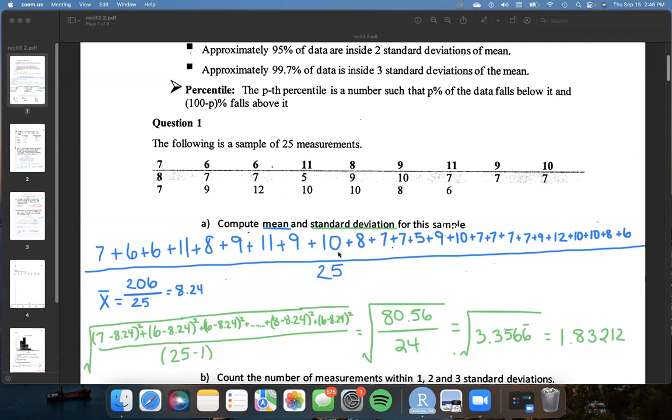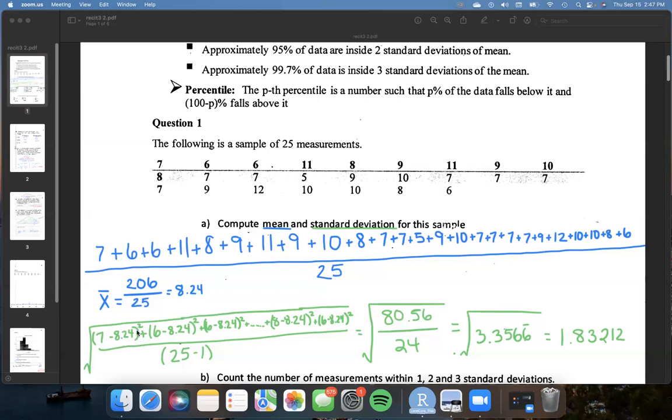So for the standard deviation, people might wonder, okay, why are we subtracting? So here we're taking the deviation from the mean. So this is a way to remember what the standard deviation is. We're going to take the data point, subtract it from the mean. This gives us the deviation from the mean.